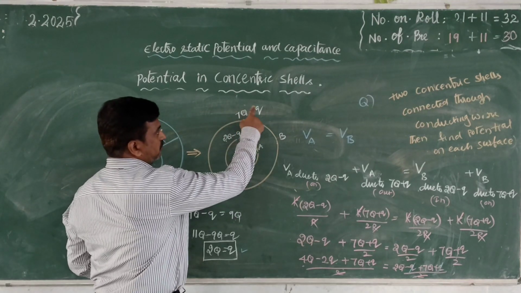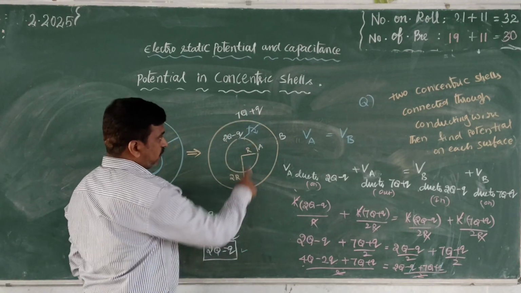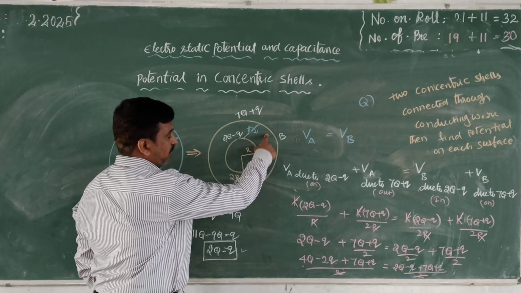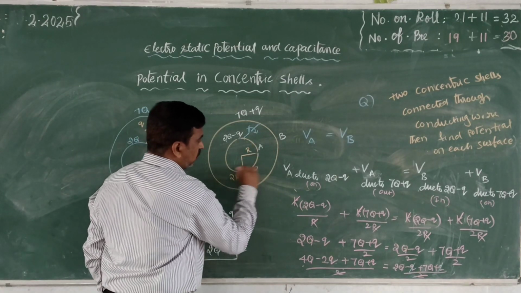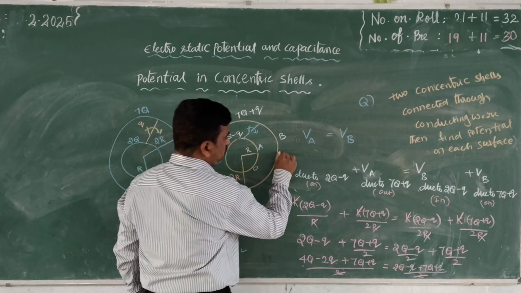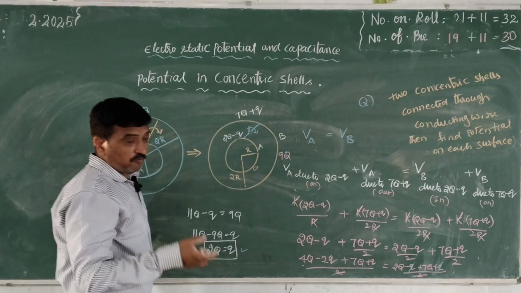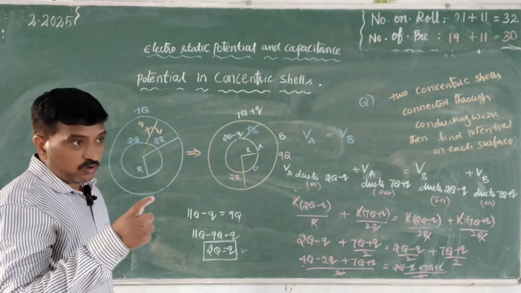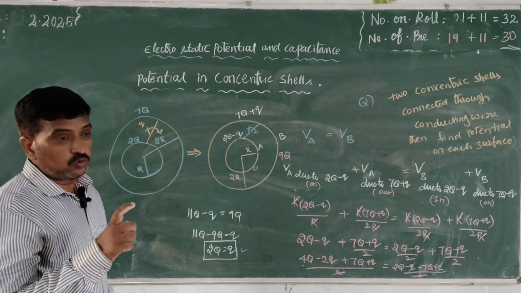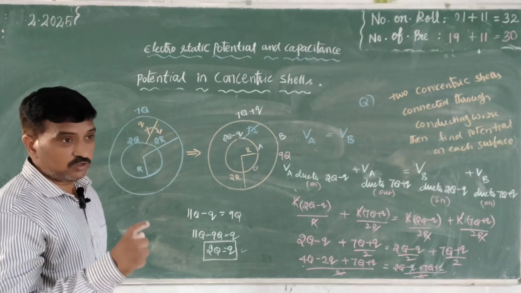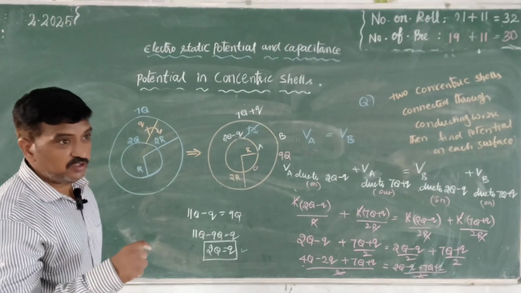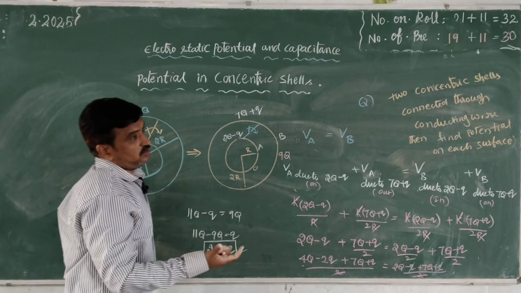So 7q plus 2q is 9q. This means after connecting the conducting wire, on surface A the charge is 0, and on surface B the charge is 9q. When concentric cells are connected through a conducting wire, whatever charge is on the inside surface is totally transferred to the outside surface. Why?